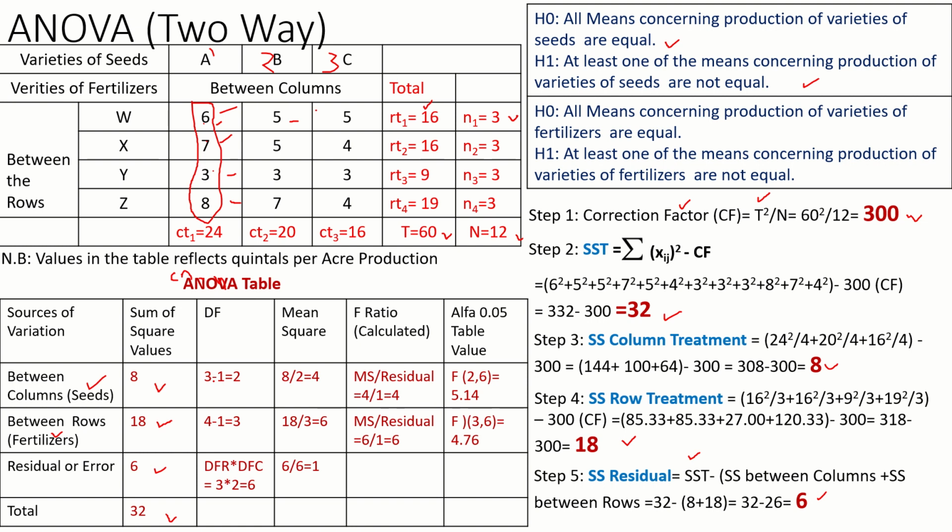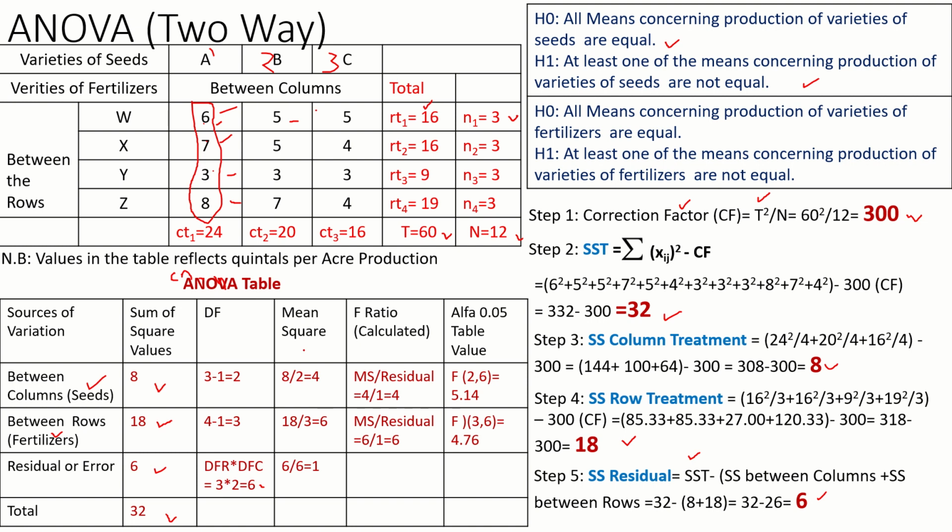For the rows, it is 4 minus 1, because we have 4 rows, which is 3. For the error, the degrees of freedom is the degrees of freedom of rows into the degrees of freedom of columns, so 3 into 2 equals 6. Next, we take the mean square.